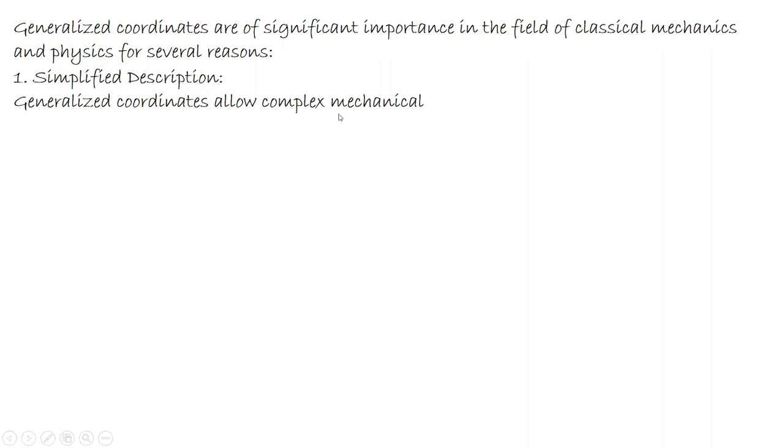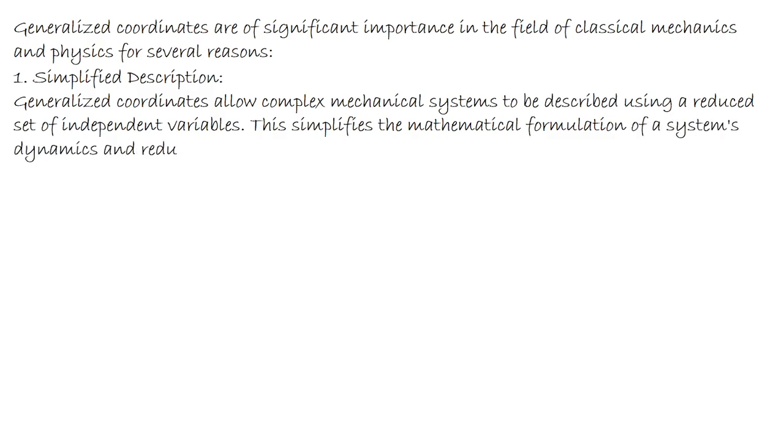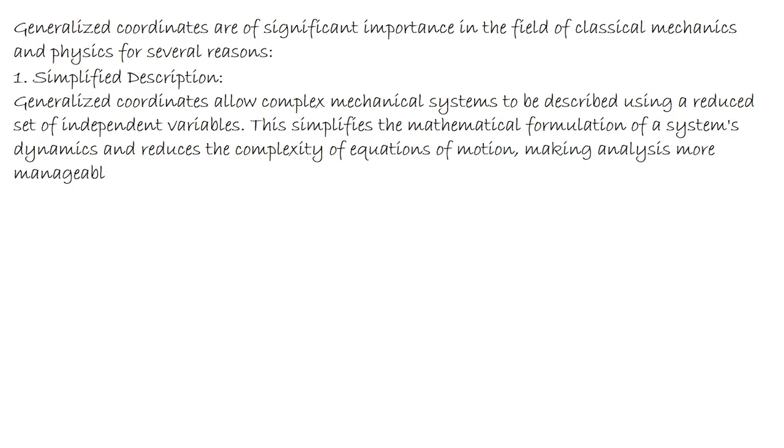Generalized coordinates allow complex mechanical systems to be described using a reduced set of independent variables. This simplifies the mathematical formulation of dynamical systems and reduces the complexity of the equations of motion, making analysis more manageable. This is one of the advantages.